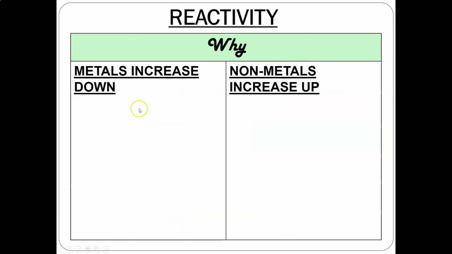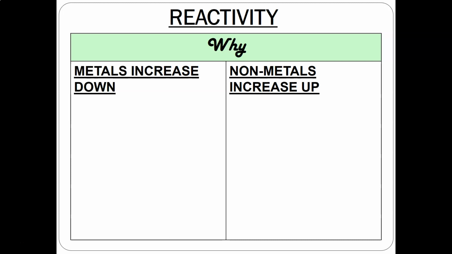Metals increase going down because if you think about it, metals are trying to get rid of electrons. So being a larger atom is advantageous to them. It's better for them to be larger because it's going to result in a lower ionization energy, meaning it's easier to take an electron away.